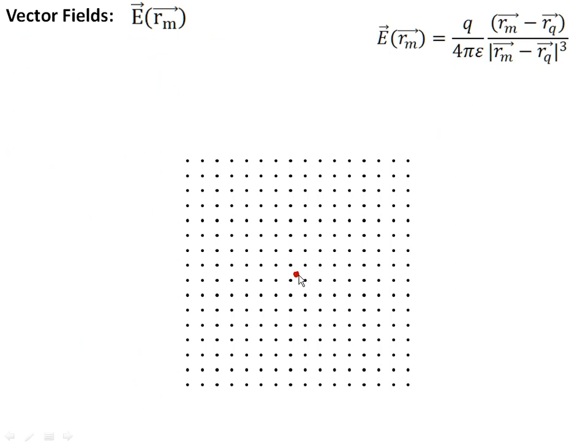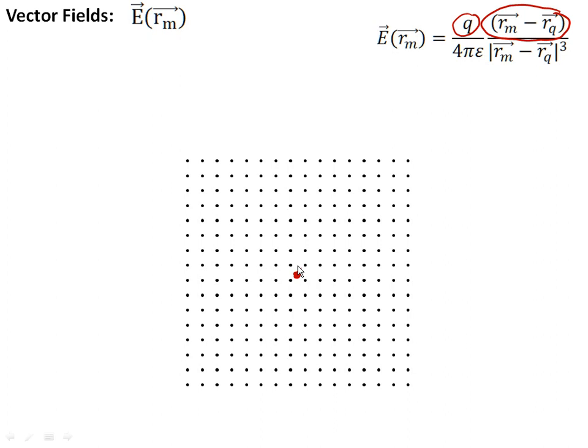If we also think about a charge right there at some point in space, this charge Q generates an electric field. We know that electric field has a direction given by a vector that has a length and a direction, which is simply the point the vector is at, r sub q.